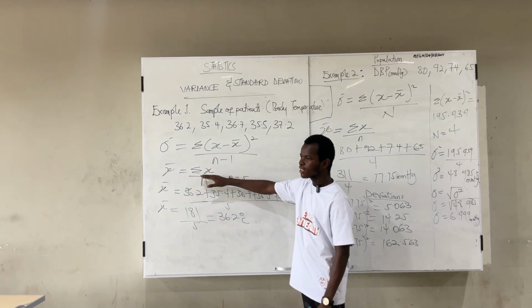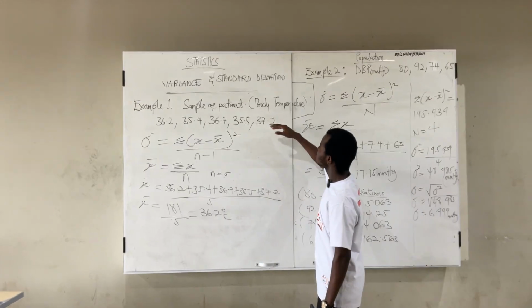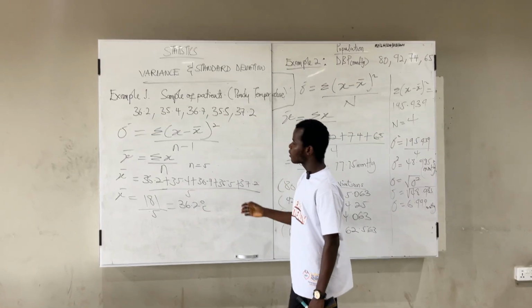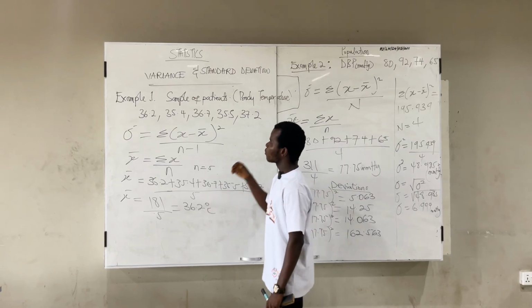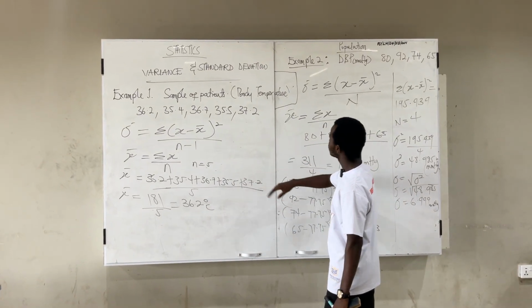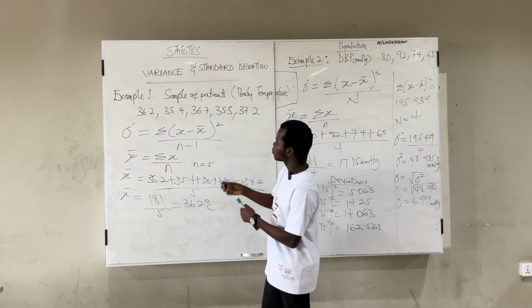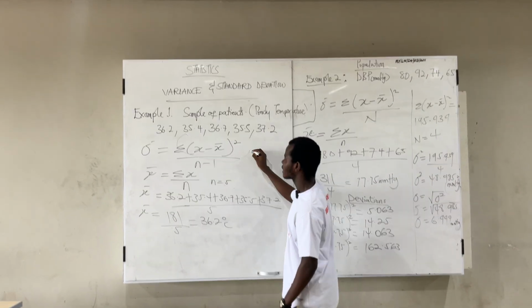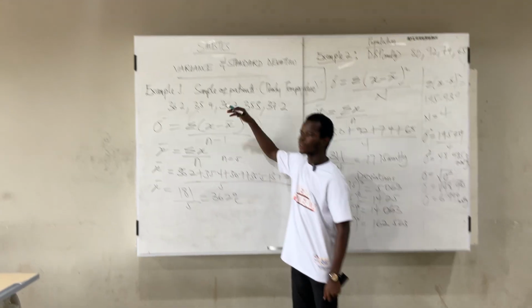When you get the mean, you subtract the mean from each of the observations present. When you do that, you are calculating the deviations. When you are done with the deviations, you sum all the deviations. The summation of the deviations gives you the answer for the numerator.